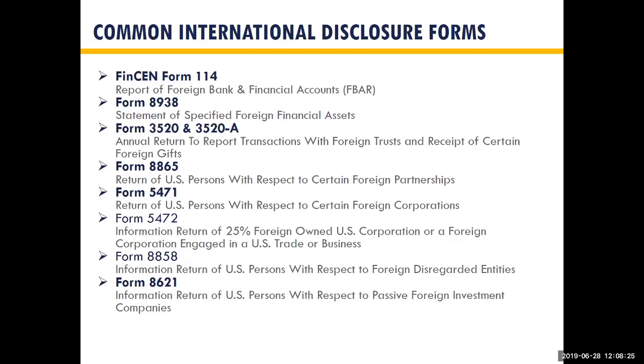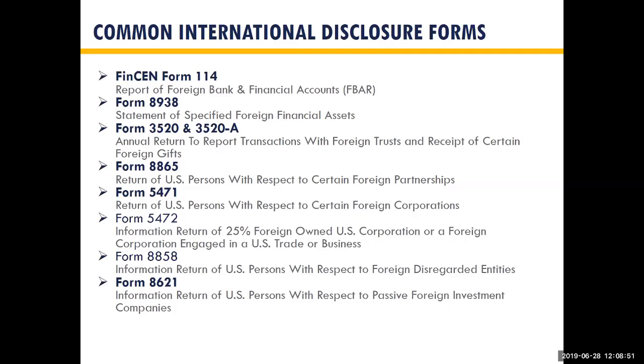The items that are bolded on this slide, we are going to talk more about in this presentation. So the top one, the most common, is the FBAR. We will address that. The next one below it is its sister form, Form 8938, and we'll talk a little bit about the differences between those two forms.